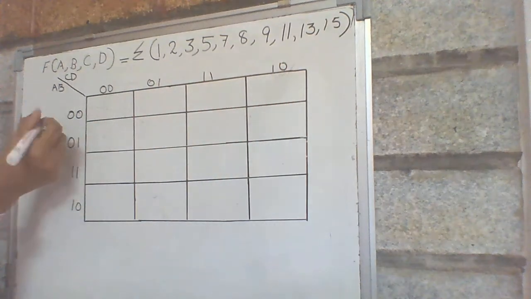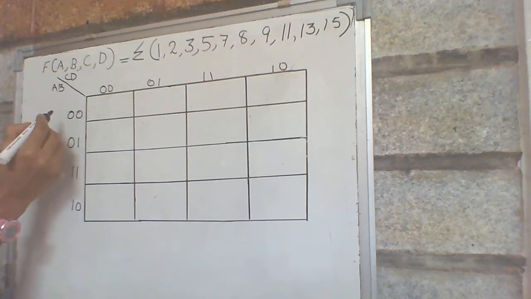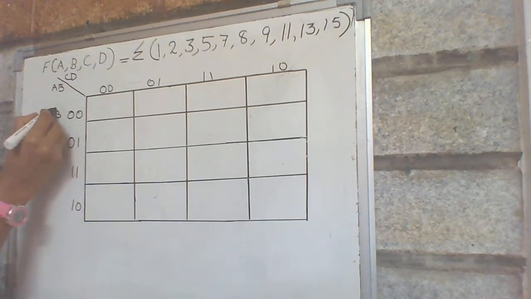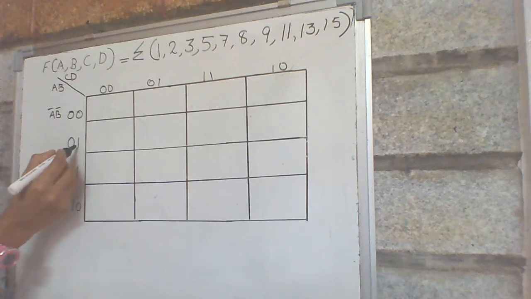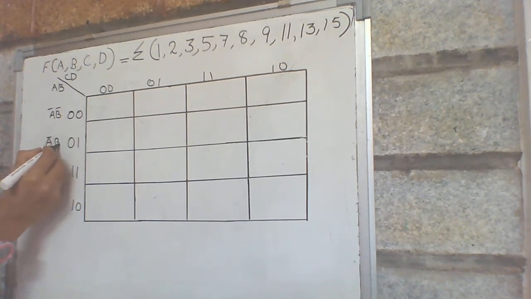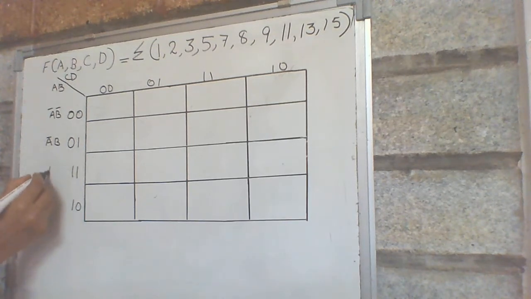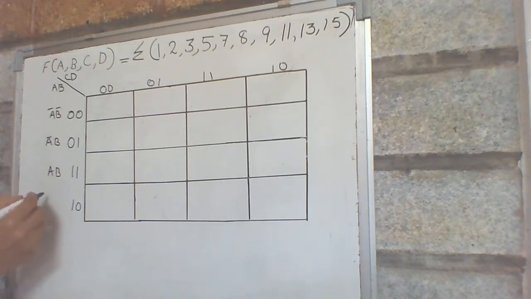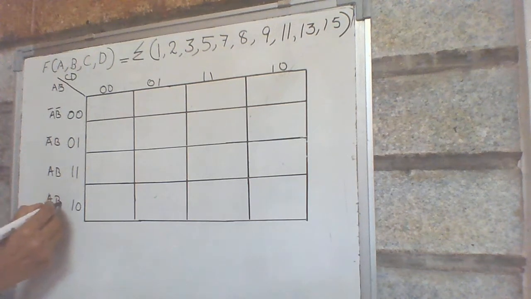Next, write the minterm representation. What is the equivalent of 0, 0? 0, 0 is A bar, B bar. 0, 1 is A bar, B. 1, 1 is A, B. 1, 0 is A, B bar.